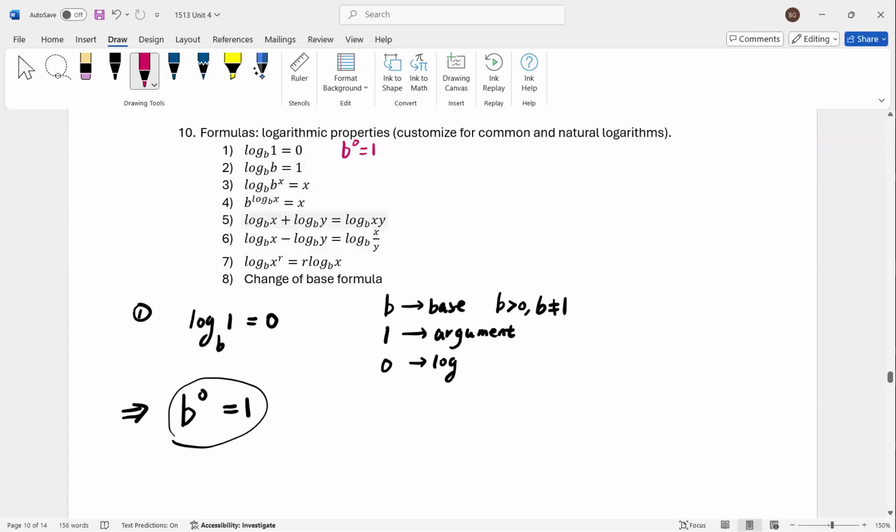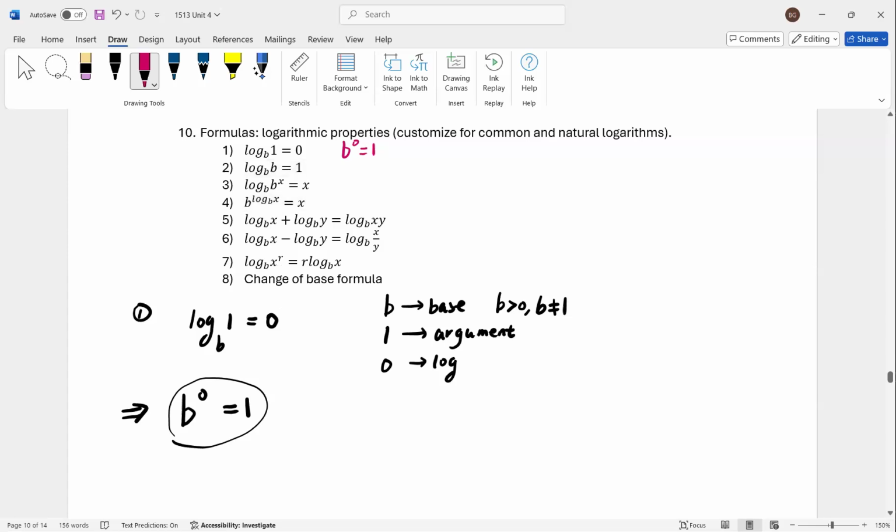You might want to memorize. If we have a logarithmic expression whose argument is 1, then the value of the log is 0. You might want to remember that. If the argument of a log is 1, then the value of the log is 0. All right?